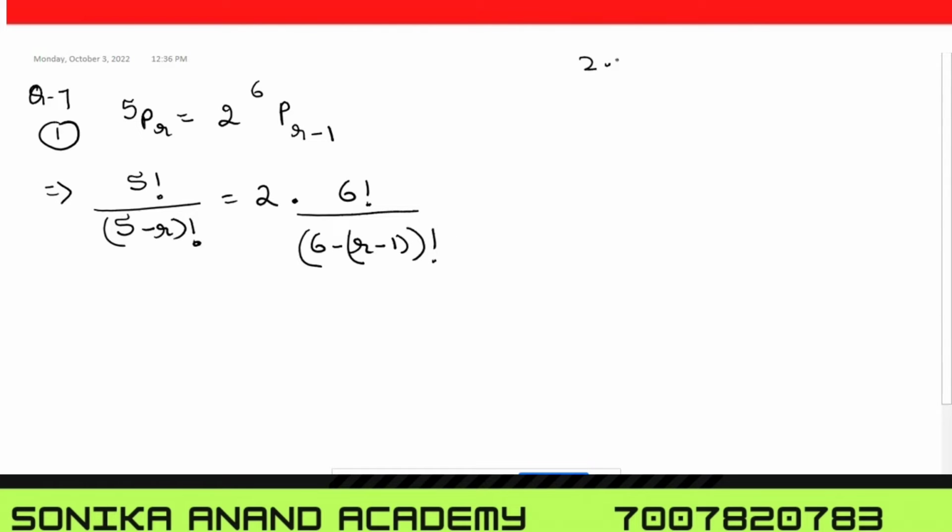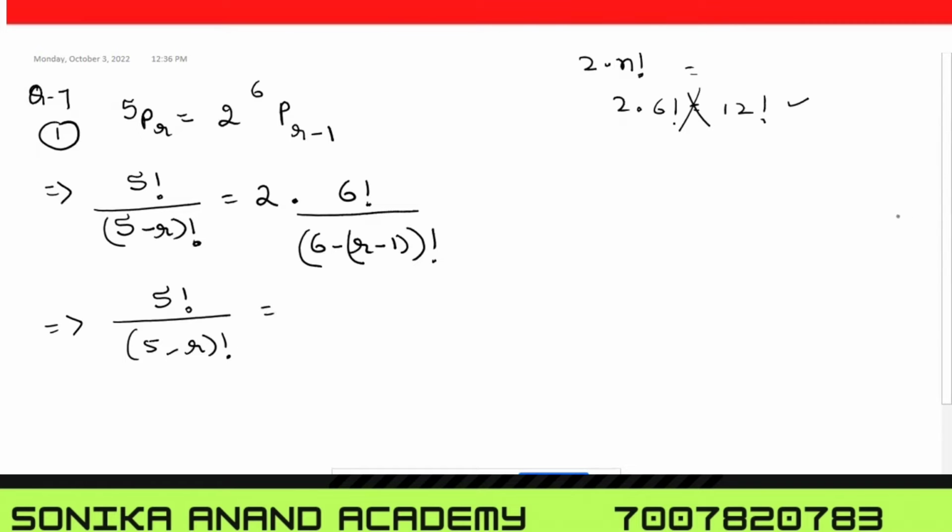Listen to one thing. If we have 2 times factorial 6, we don't multiply it. If I have 2 factorial 6, we don't write 12 factorial. This is wrong. Why is it wrong?